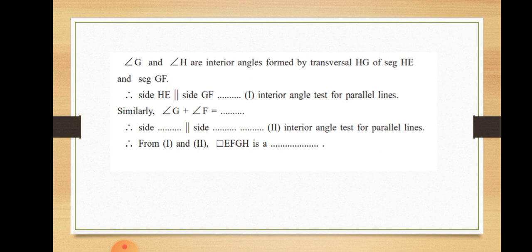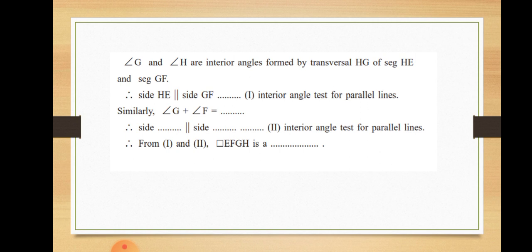Similarly, we can prove that angle G plus angle F is also 180 degrees. So here sides are parallel. Which two sides are parallel with each other? That you have to fill in the blanks. Here two sides are parallel with each other, that is the interior angles formed by the parallel lines. And from equations 1 and 2 we can say that quadrilateral EFGH is a parallelogram.